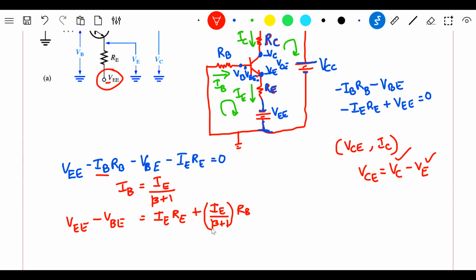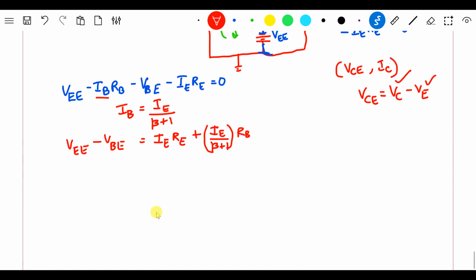Now in both terms, I'll take IE common. I'll be getting RE plus RB by beta plus 1, and the left hand side will remain as it is, which is VEE minus VB.